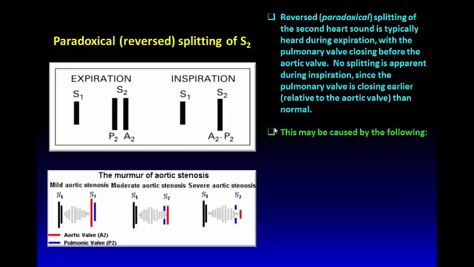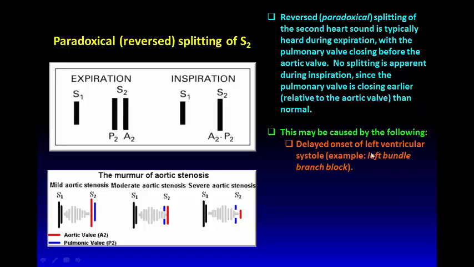Paradoxical or reverse splitting of S2 may be heard in cases of left bundle branch block. The left bundle branch is the branch of the bundle of His, the AV bundle, which is responsible for the depolarization of the left ventricle.